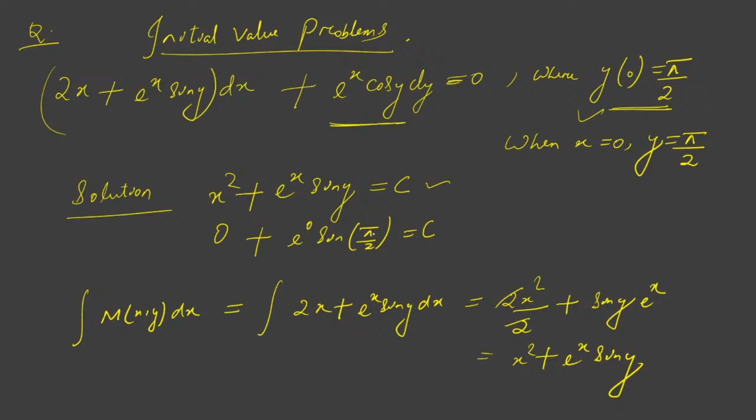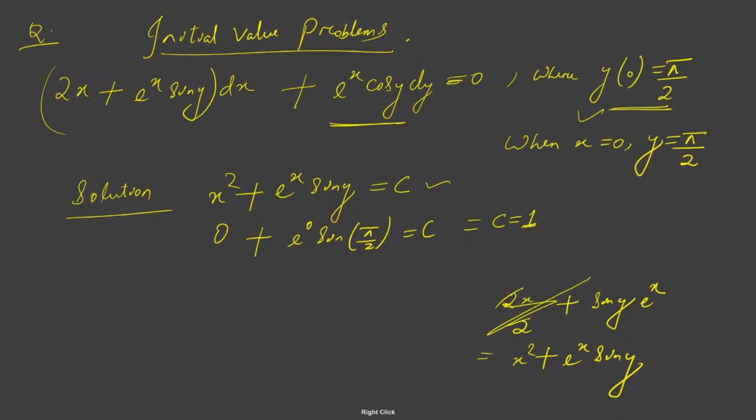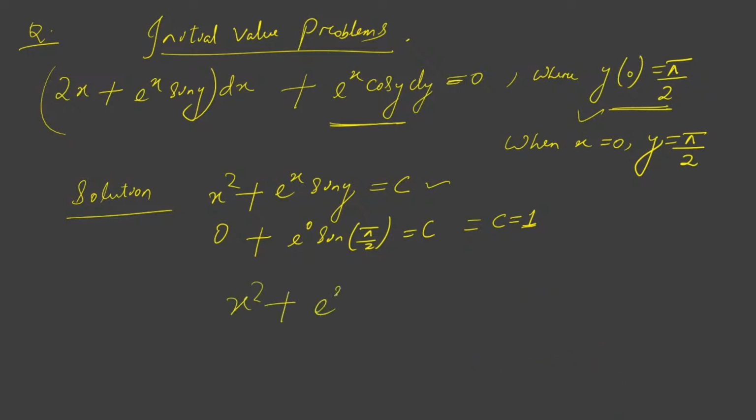So e to the power 0 is 1 and sin pi by 2 is sin 90 degrees, which is again 1. So c is equal to 1. So finally we can write the solution: x square plus e to the power x sin y is equal to 1. This is the solution of this differential equation.